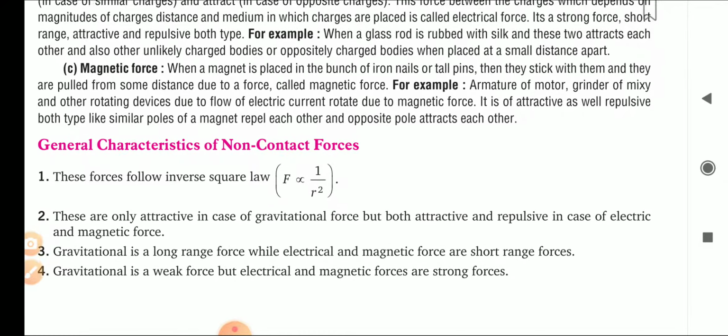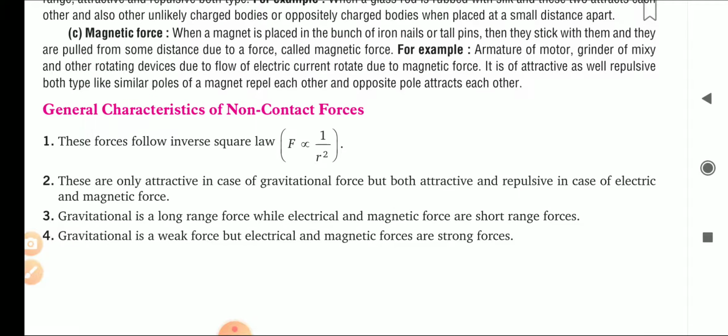General characteristics of non-contact forces. So we have seen this. This force is inversely proportional to the square of the distance between them. Inverse square law it will follow. These are only attractive in case of gravitational force, but both attractive and repulsive in case of electric and magnetic force. Gravitational force is a long range force while electrical and magnetic forces are short range forces.